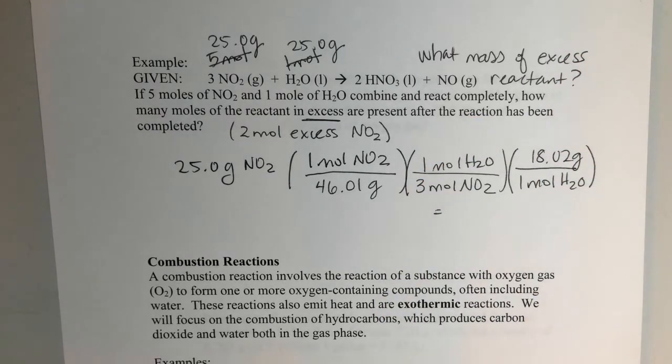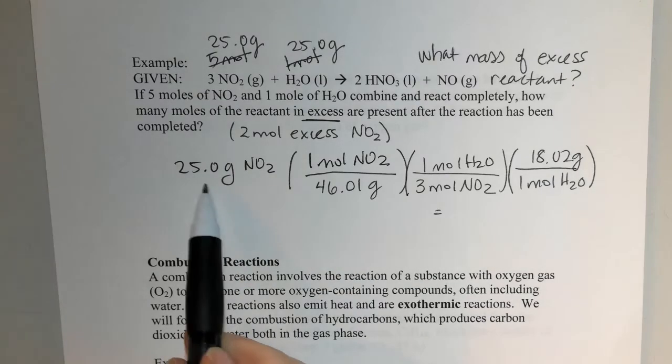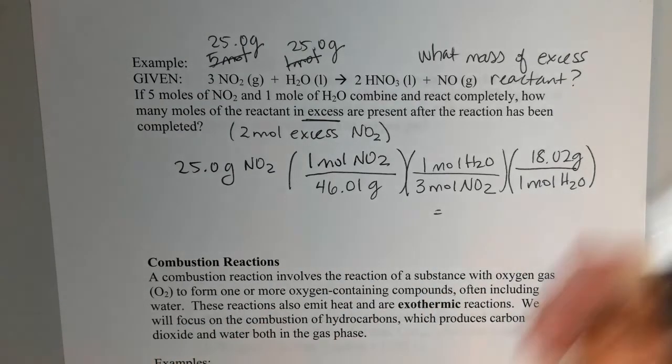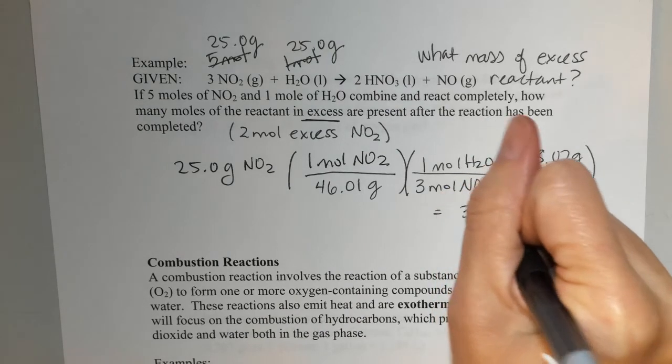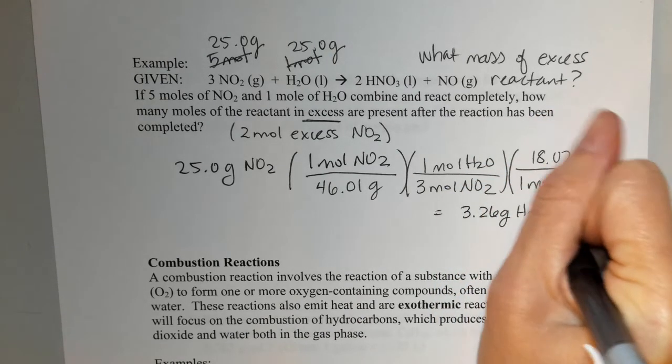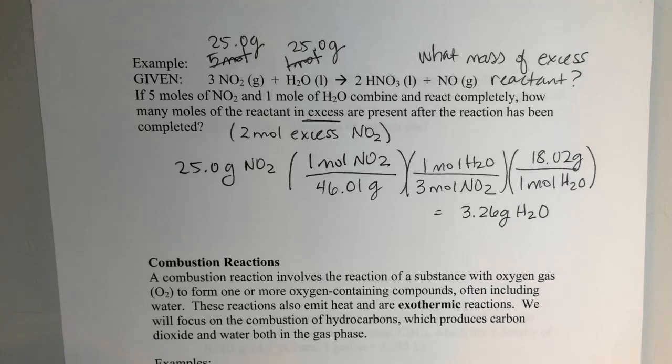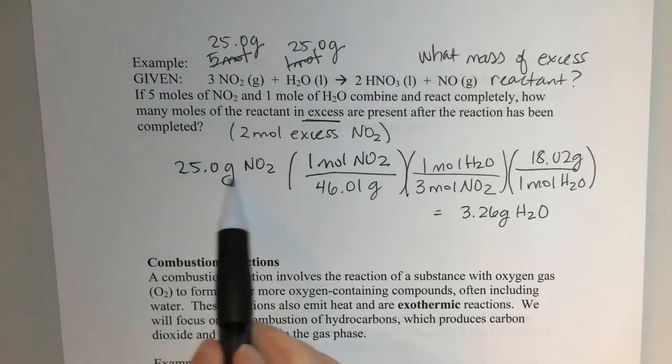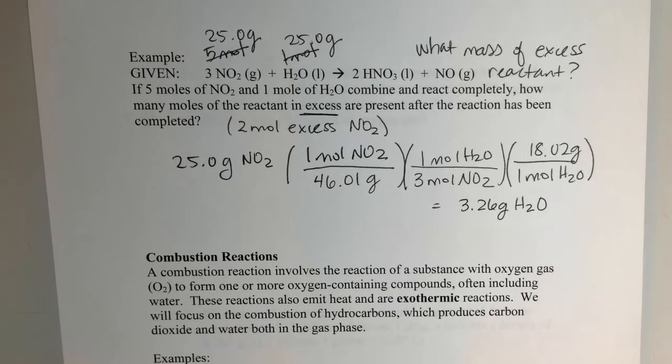So when I do this calculation, 25 divided by 46.01 divided by 3 times 18.02, to have 25 grams of NO2, I would need 3.26 grams of water. Let me just type it in one more time, just make sure I didn't type anything in incorrectly. All right, so 3.26 grams of water would be needed to react with the 25 grams of NO2.